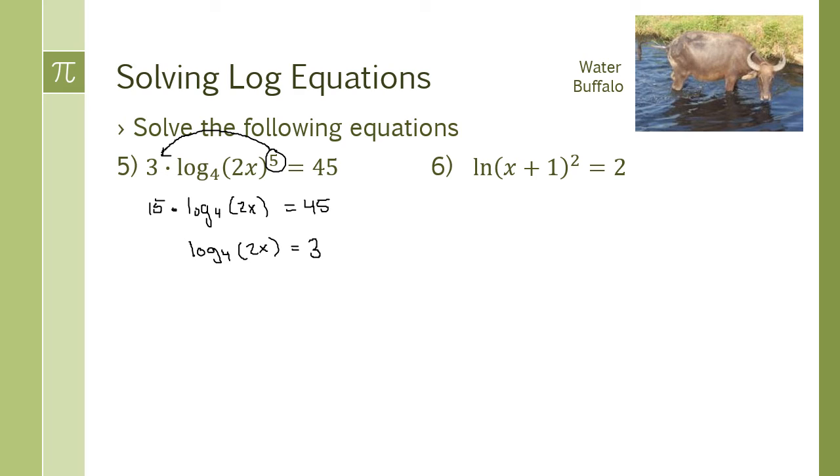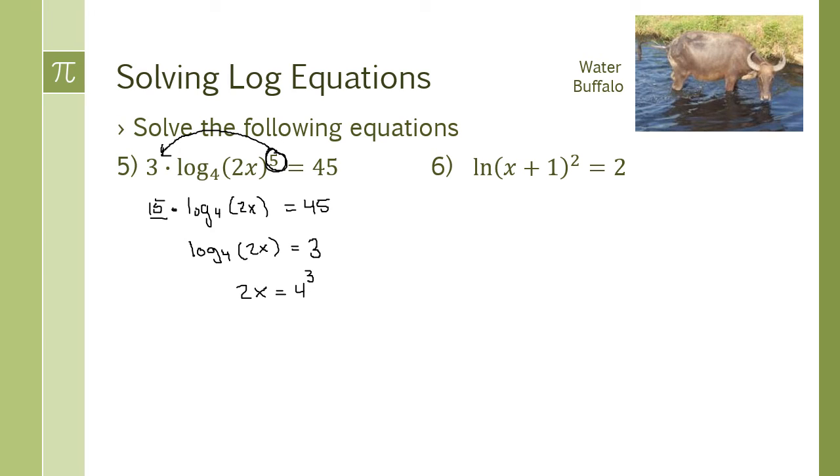So thus far in this first problem, I have taken the coefficient, the exponent here, and combined it with the coefficient to get 15. And then I've divided both sides by 15 to get log base 4 of 2x equal to 3. Now that this is in standard form, we can convert it to exponential notation. So the argument of 2x is going to be equal to the base of 4 raised to the power of 3.